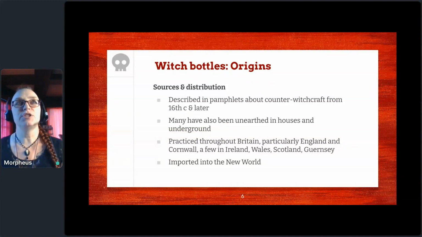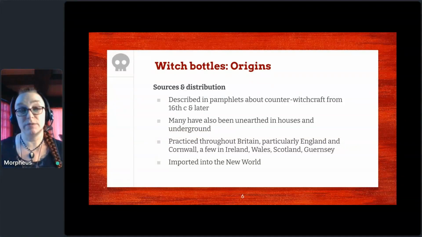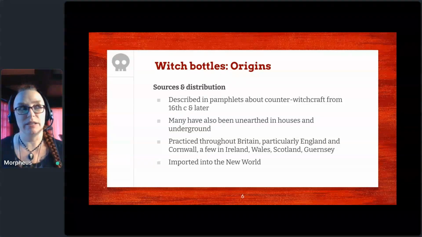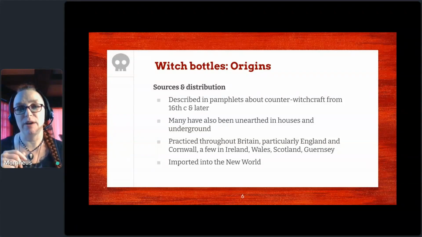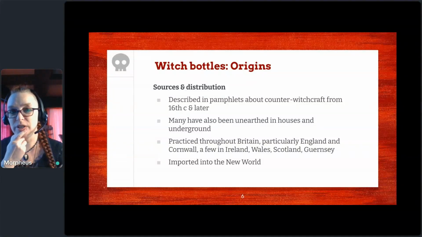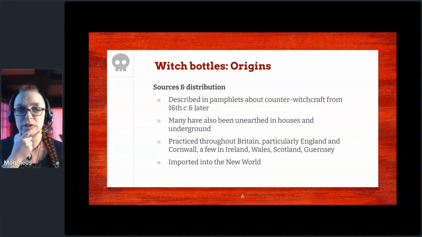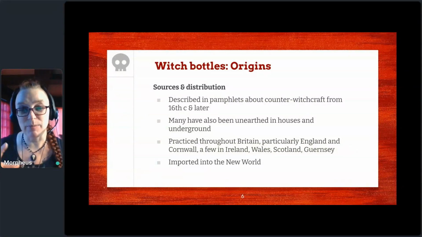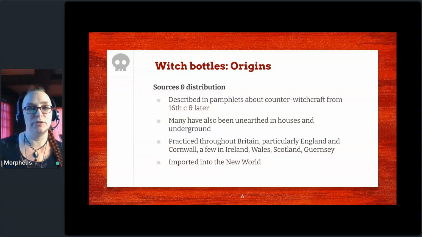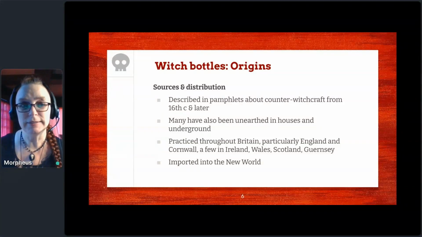Looking at sources of information and the distribution of this practice, it is described in pamphlets and documents about counter witchcraft from the 16th century onward, mostly in Britain. They have also found many, many examples of witch bottles as archaeological remnants that have been unearthed in houses and underground.